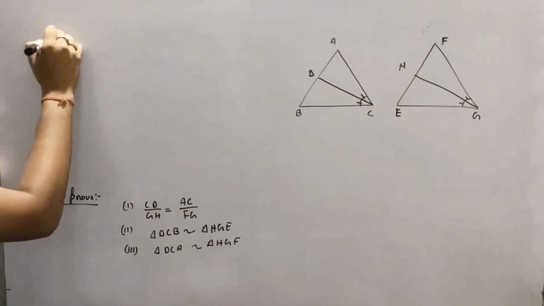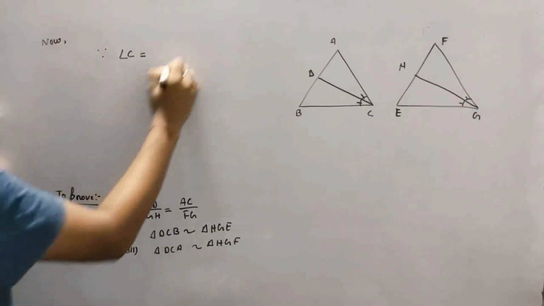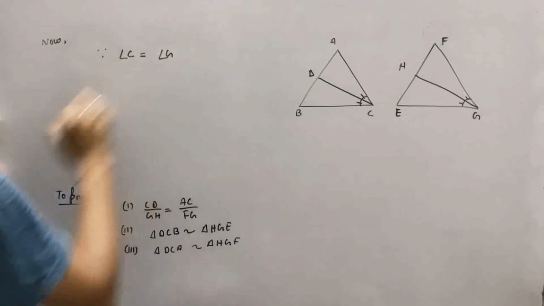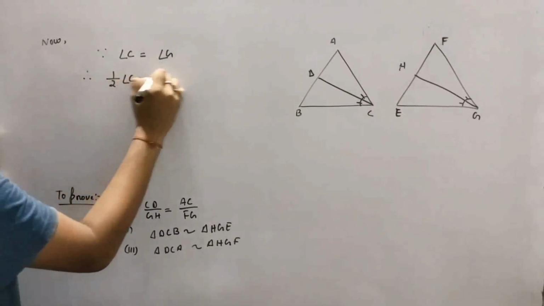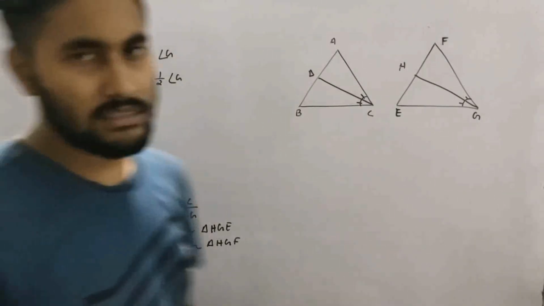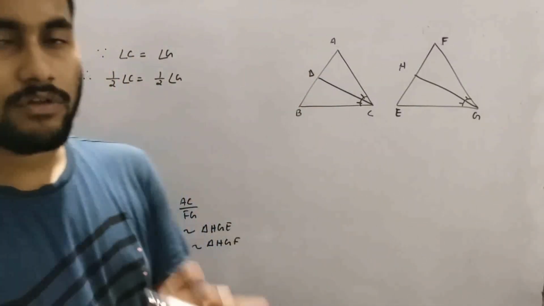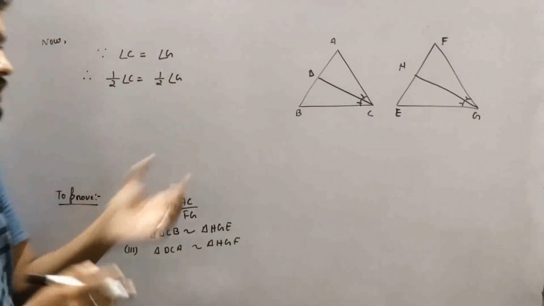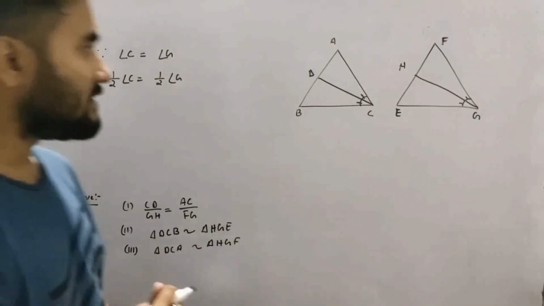Okay. So now, since angle C is equal to angle G, I can say therefore, half of angle C will be equal to half of angle G. If angle C is equal to angle G, they are same. So they are half. Angle C is half and angle G is half, will be exactly same. Half of angle C is equal to half of angle G. Now which half of angle C will I take?